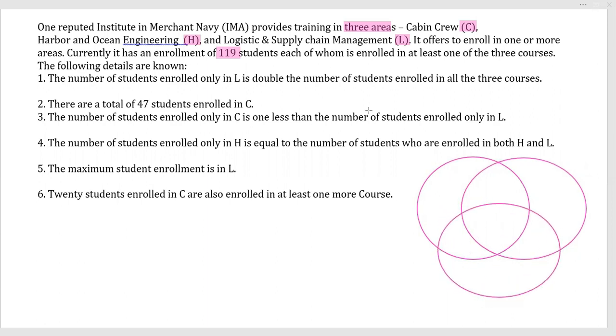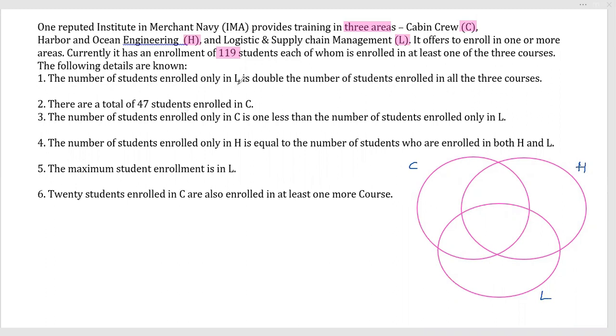So let's say these are the three courses, and I am considering them as C, cabin crew, H, and L. Now let us try to go on fitting data one by one.